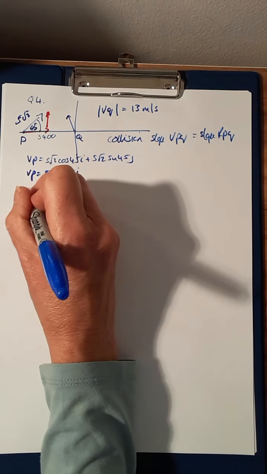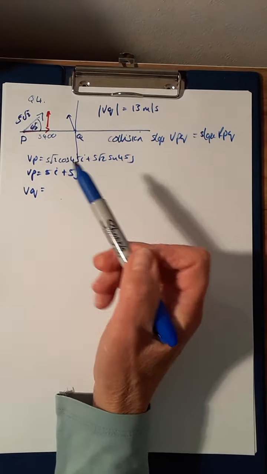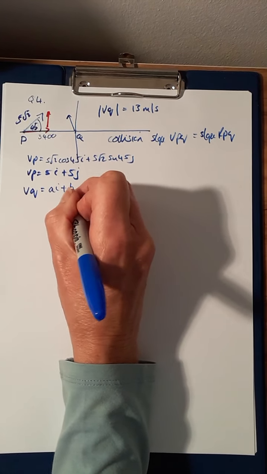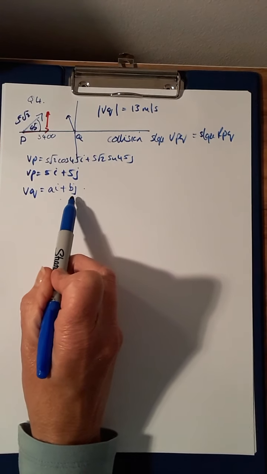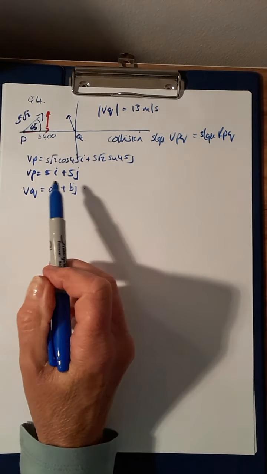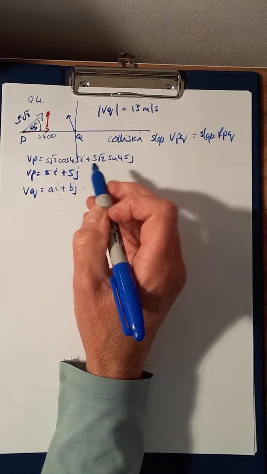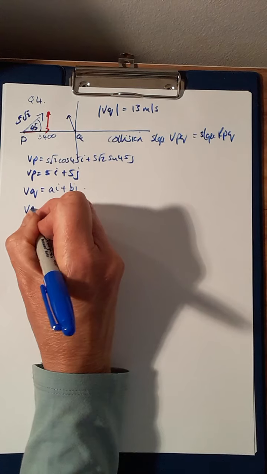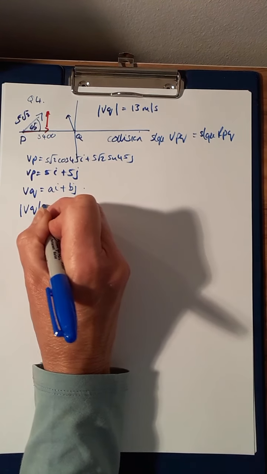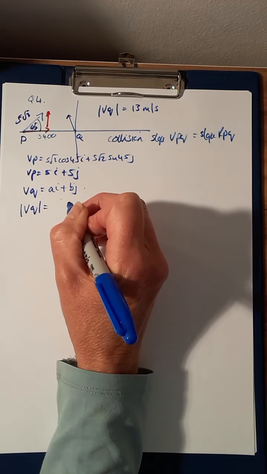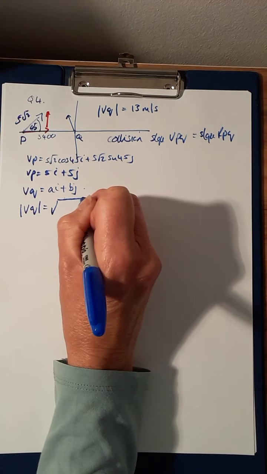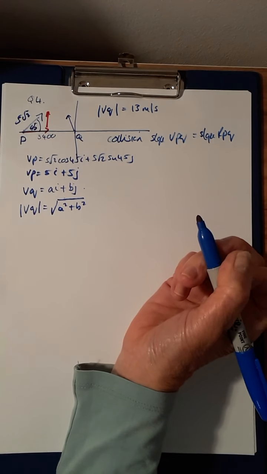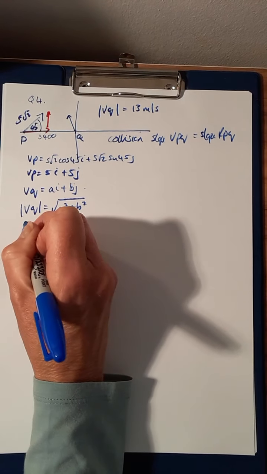What's the velocity of Q? This I don't know. No idea what it is. So I'm just going to say it's ai plus bj, and my job then will be to find a and b. I do know one thing though: I know the speed of Q. To turn that velocity into a speed, it's the square root of a squared plus b squared, and I know that's 13.